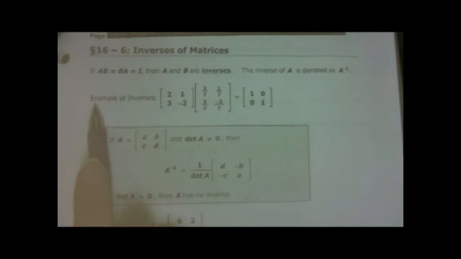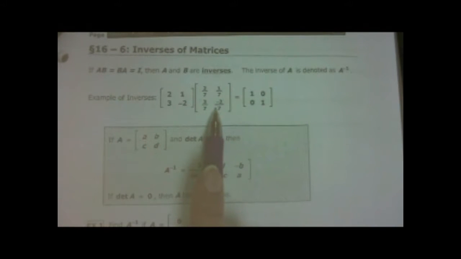So here is an example of inverses. This matrix times this matrix, if you do the math with all the lovely fractions, you get this. Which means I could switch the order of these two matrices, multiply again, and I would still get this. Alright? These are inverses. Let me show you how to find the inverse of a matrix.